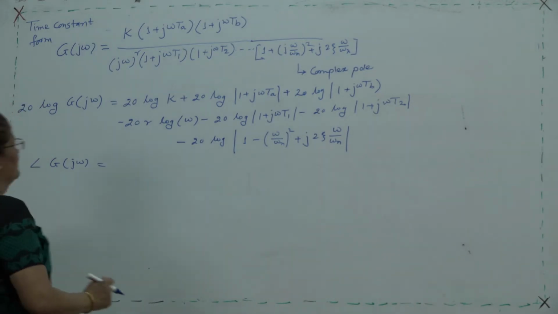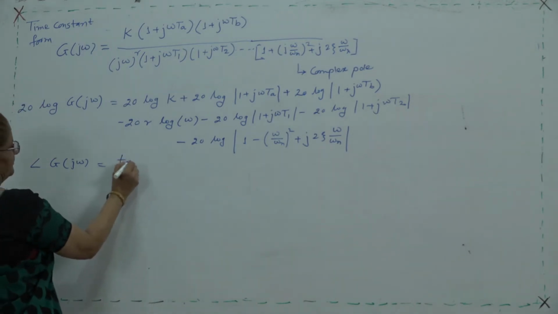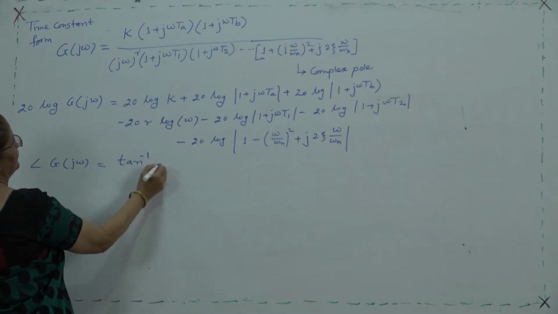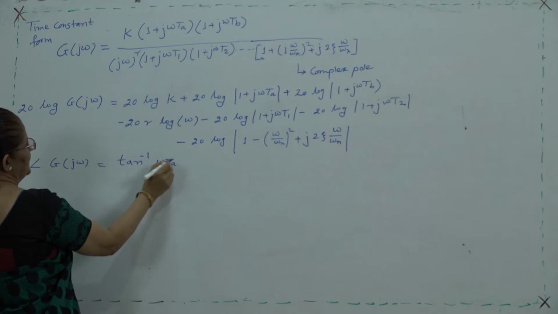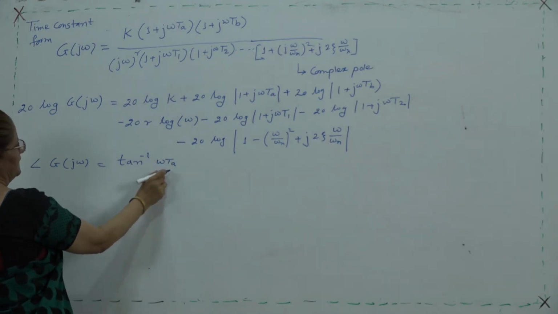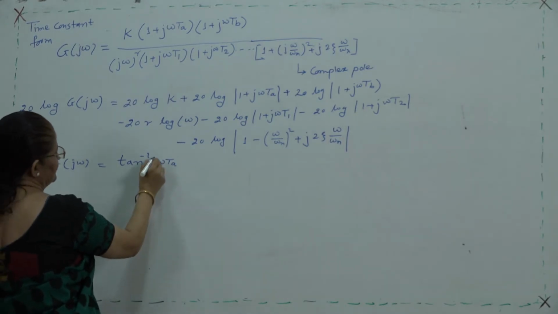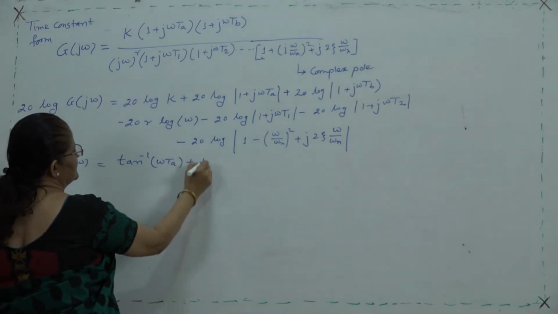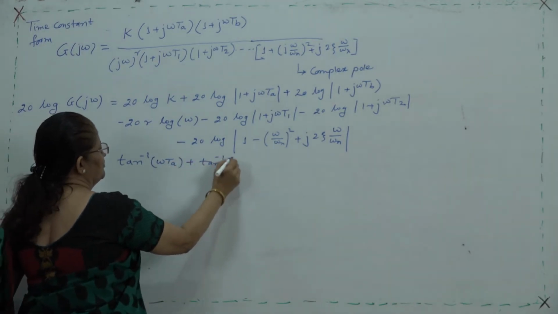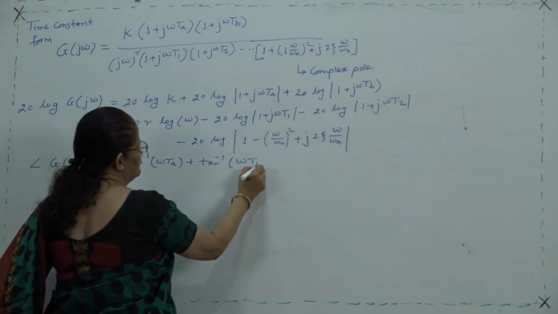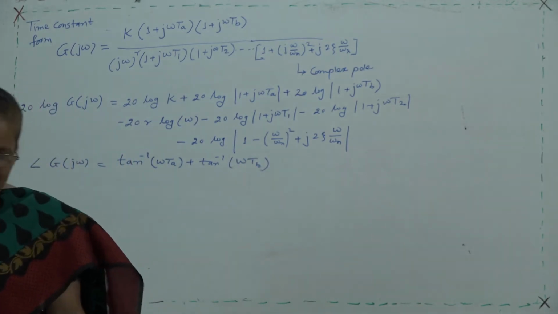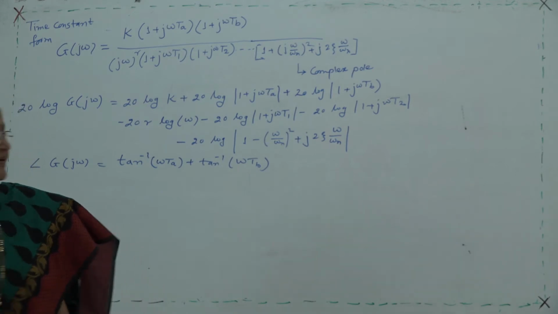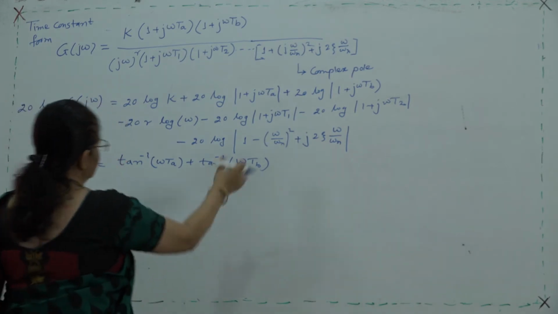Tan inverse of omega Ta, imaginary part upon real part, plus tan inverse of omega Tb. So, whatever are the zeros, you will get it like this. So, if other terms are there, you will get it.